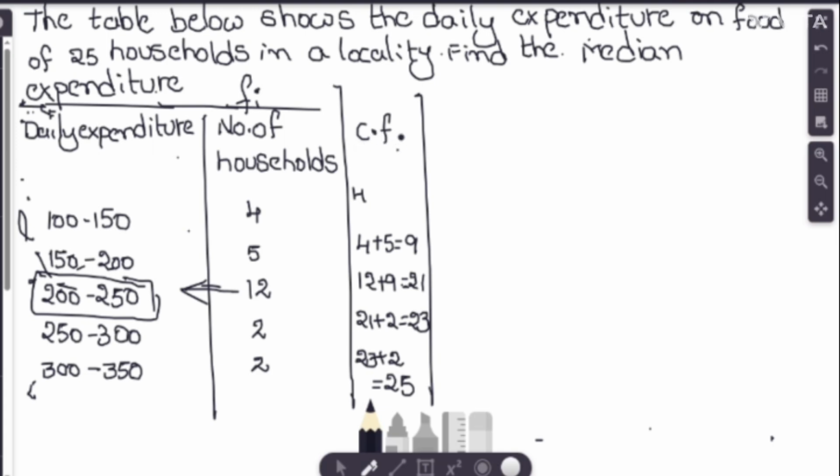CF means cumulative frequency. Here we know the frequencies; they gave all the frequencies. The first frequency, 4, write as it is. Here it is fixed, you don't change it. Now the next value crosswise: 4 plus 5, 9, then 9 plus 12, 21, then 21 plus 2, 23, 23 plus 2, 25.